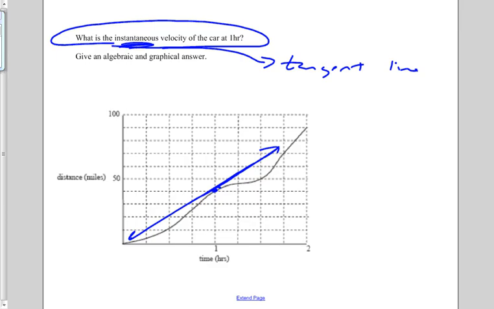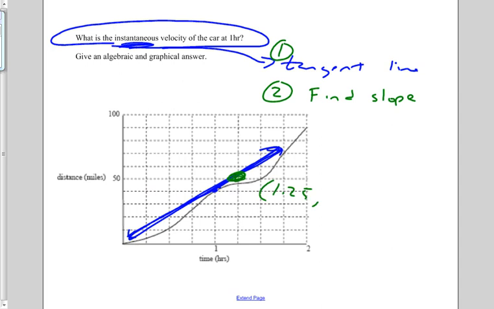Here we're going to need to use a lot of estimation, so your answers will all be slightly off. If I wanted to find the instantaneous velocity, the first thing I do is draw this tangent line. The second thing I do is find the slope, just like we were doing before, but now we need to pick the points. Here's one point at 1.25 hours, 50. Here's another point at 0.75 hours, 30.